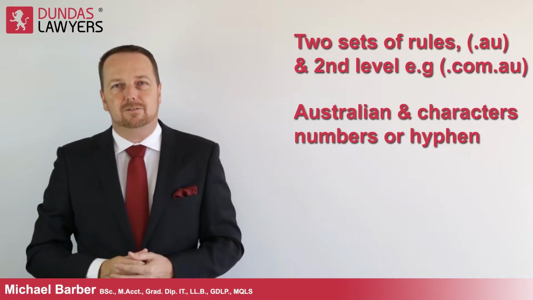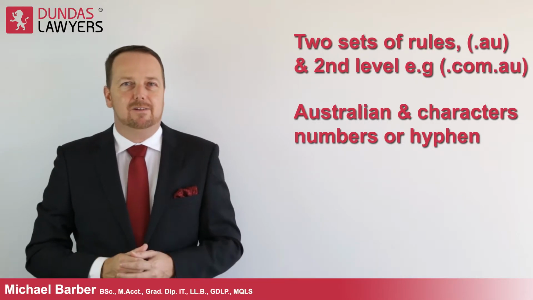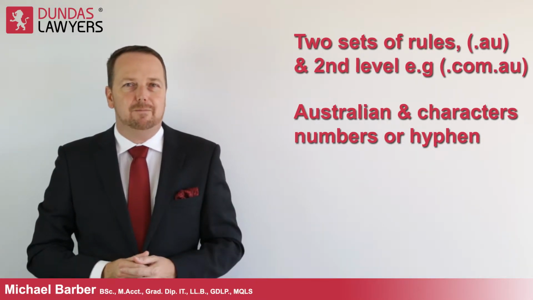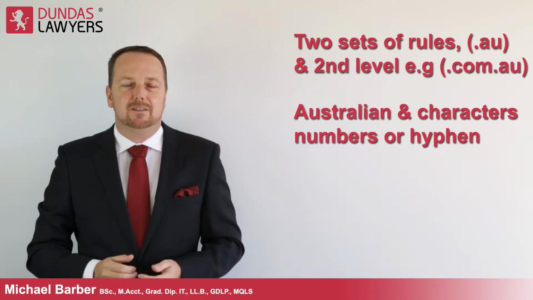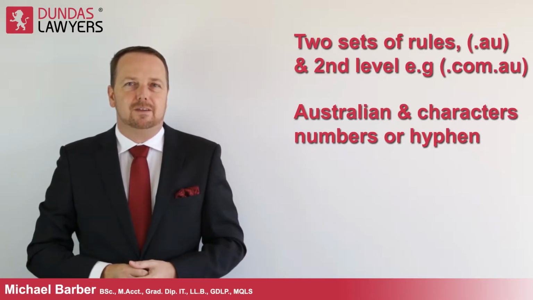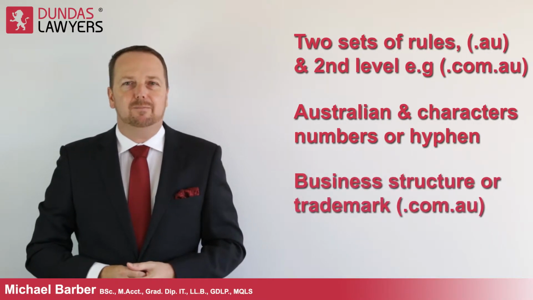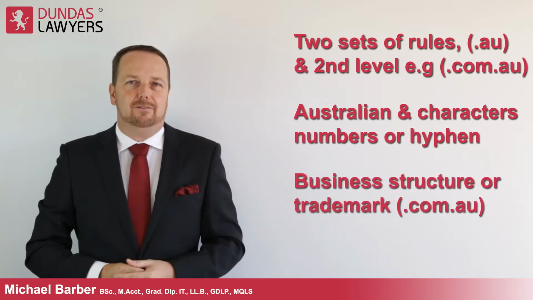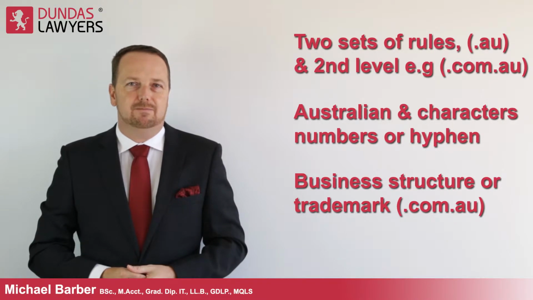The second level domain names depends on what domain name we're talking about. The .com.au is used for commercial purposes. If you want to register a .com.au, you have to have some sort of business structure and/or a trademark.